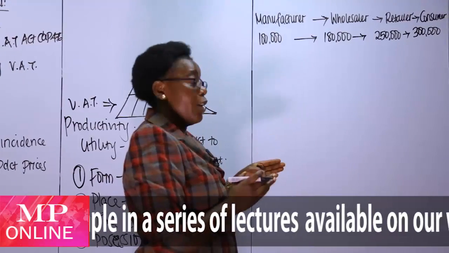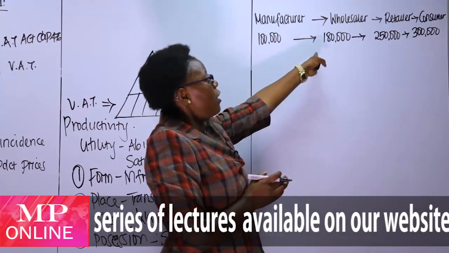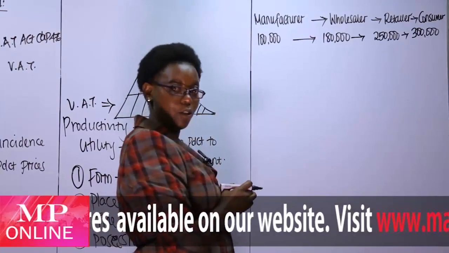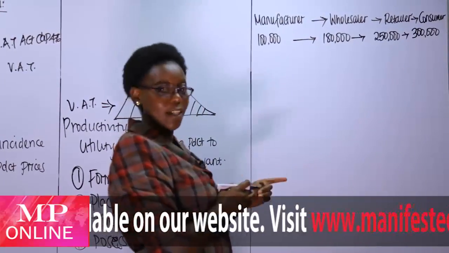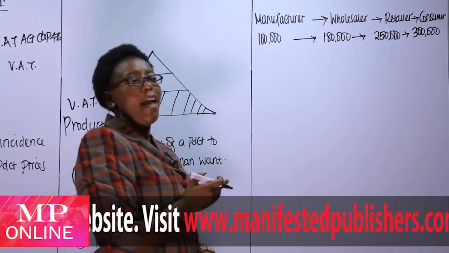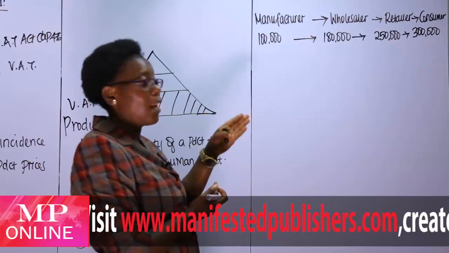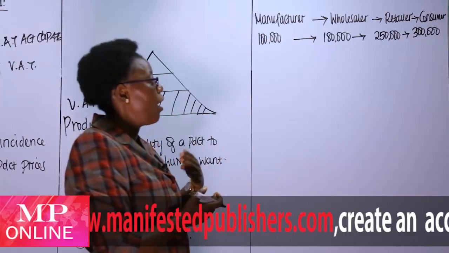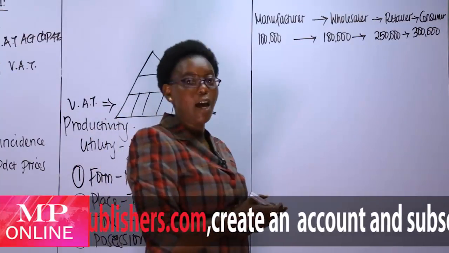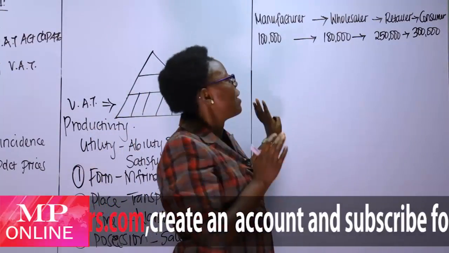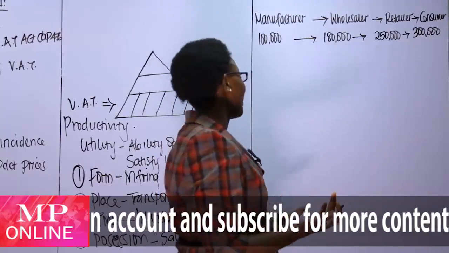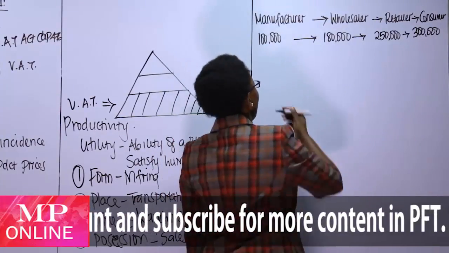And remember, this value, other than the manufacturer, is through the place, the time, and possession. So the wholesaler again stores the goods, breaks the bulk on those goods, and then later sells to the retailer, who may, for example, further break the bulk, store, transport, and then sell to the consumer. So we're going to get the differences in prices here, which is going to be the value that has been added.